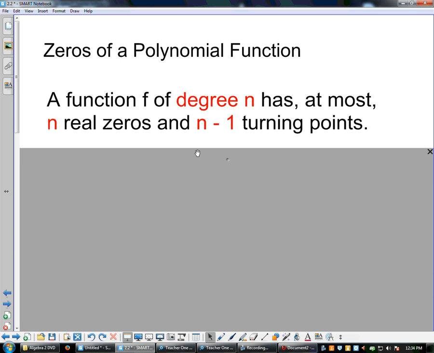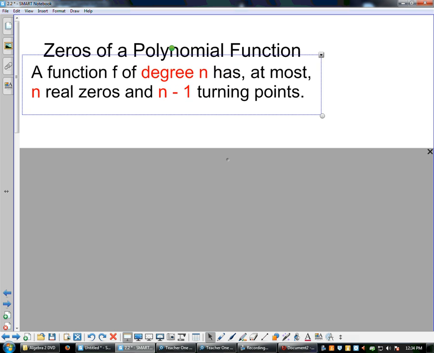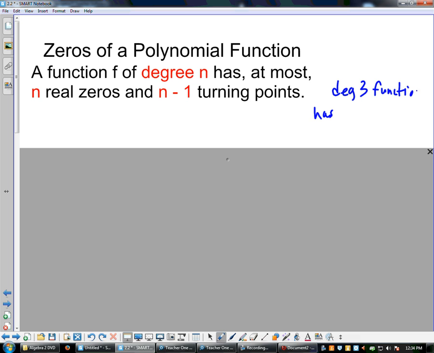So that means that, let's say as an example, we've got a degree 3 function. A degree 3 function has at most how many zeros? 3 zeros. And how many turning points? At most, 2 turning points.